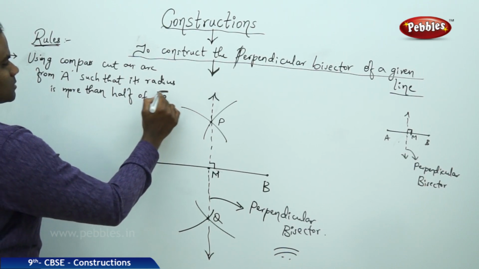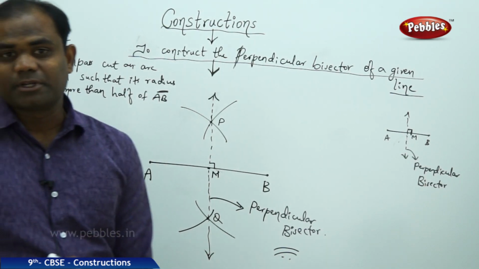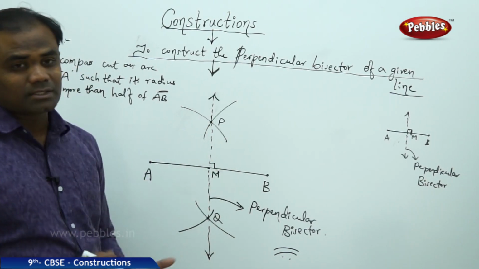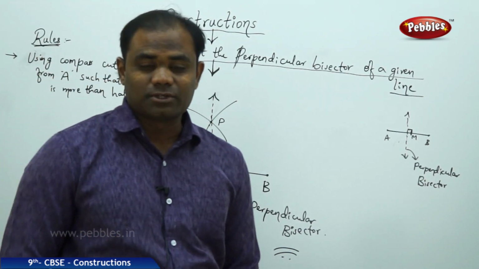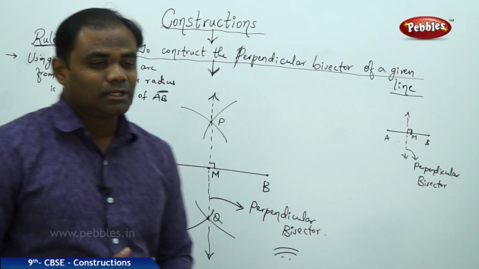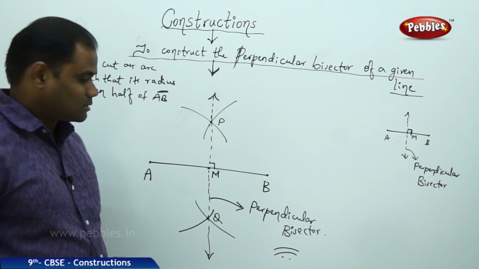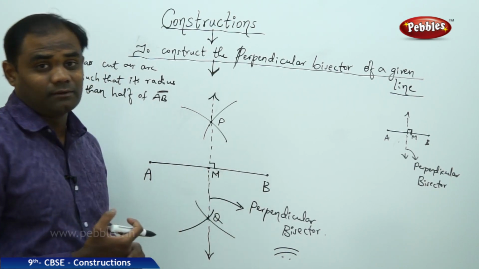This is taken as a precautionary measure, because if you don't take the distance more than half, the two arcs never cut, and there's no question of forming the perpendicular bisector. In order for the two arcs to cut, the arcs must be fixed with a radius more than half.